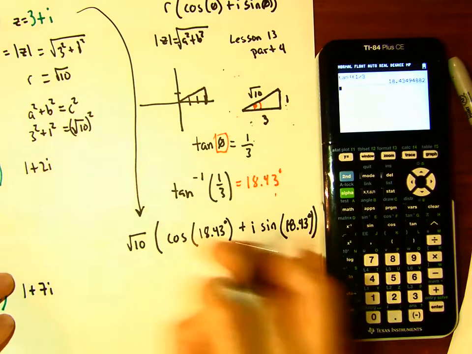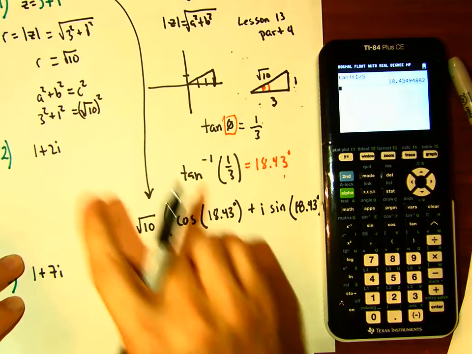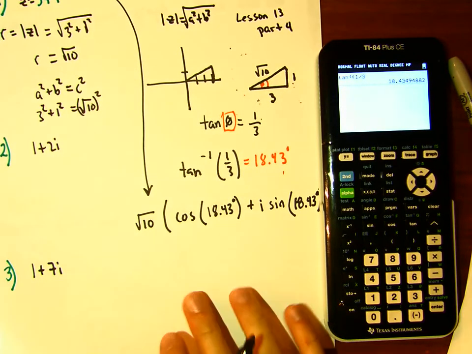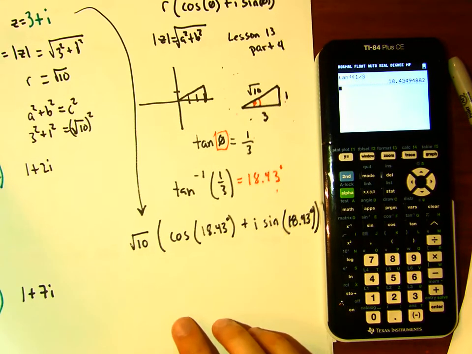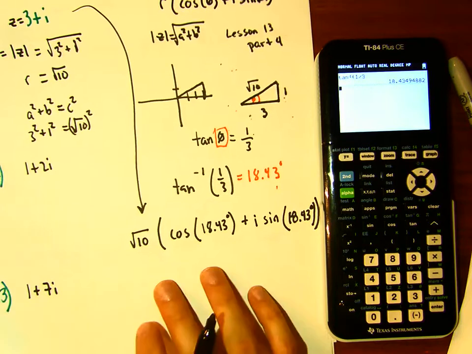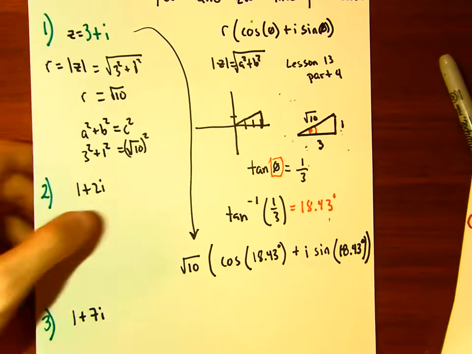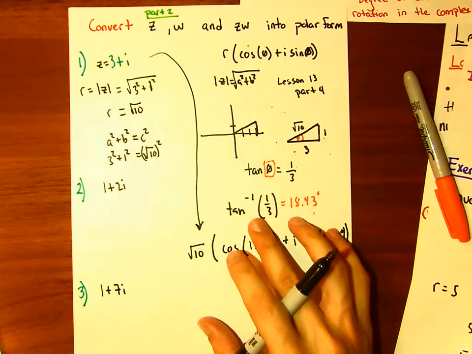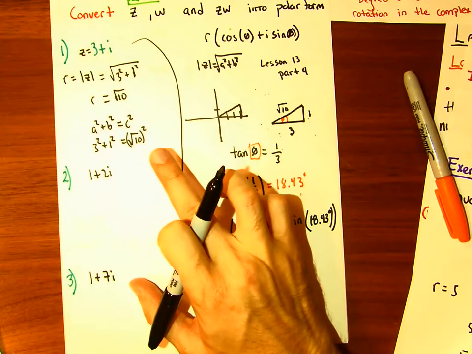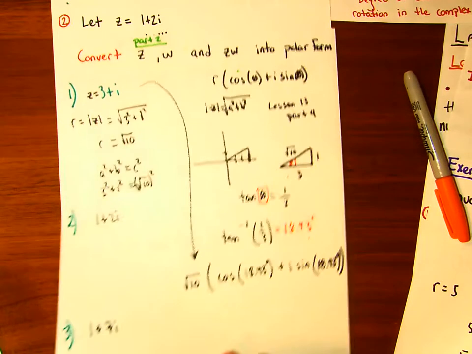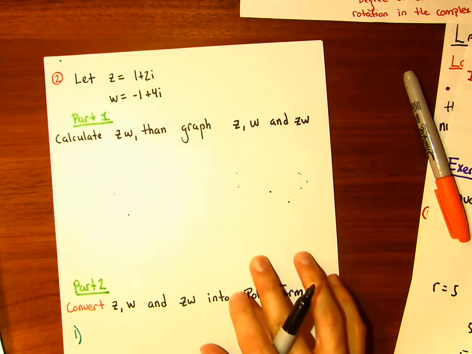Okay? What I want you to do is try and do the rest by yourself. Do this one by yourself, do this one by yourself, and then come back to the video. Okay? I'm going to put up the solutions in another video, but if you found this and you found this, and you want to continue forward, I also want you to do this.